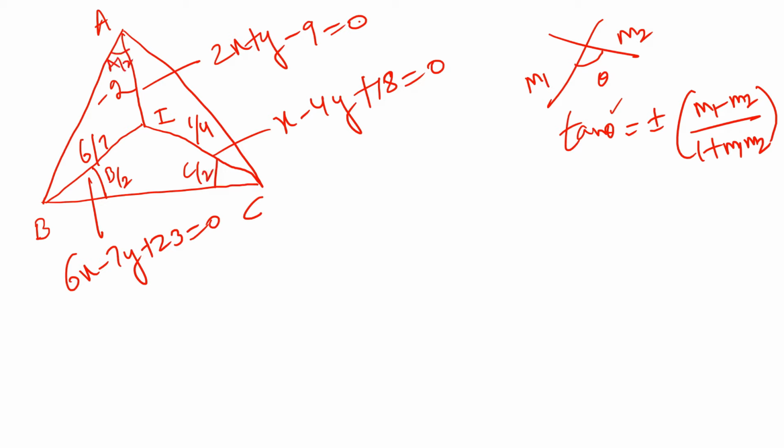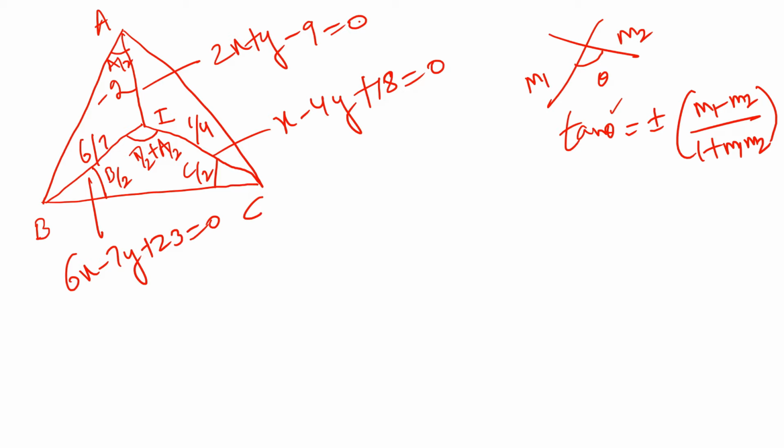Fine. So if I talk about angle BIC, as I have told you earlier, this is going to be pi/2 plus A/2. Fine. So that means if suppose I want to find the angle between IB and IC, that is BIC, then it is going to be pi/2 plus A/2.